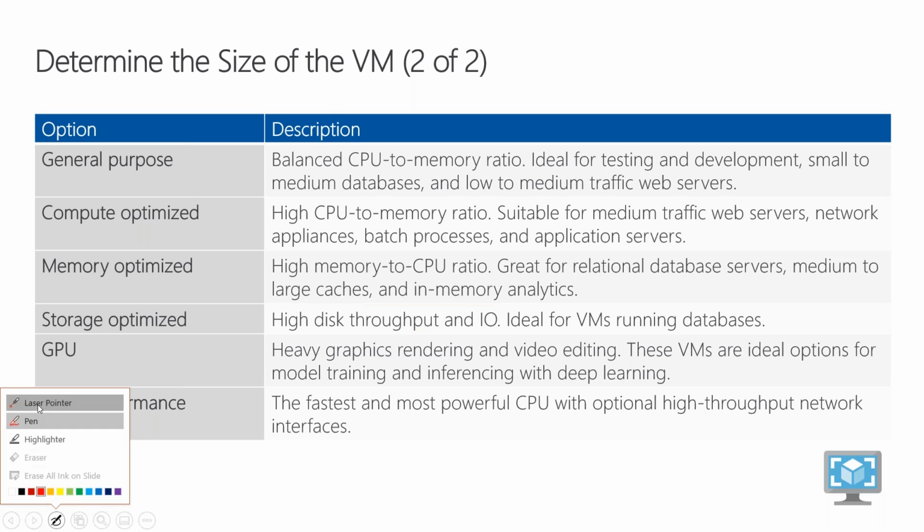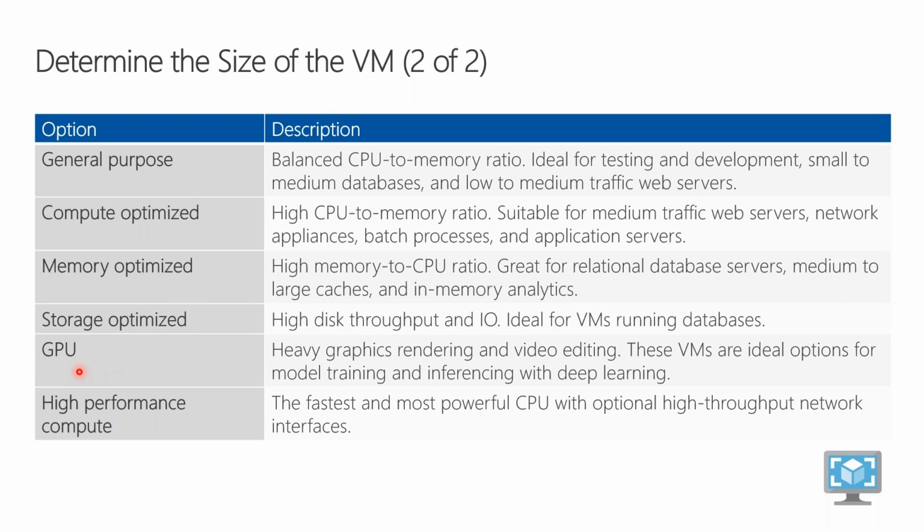When you have a cache-based implementation in your application, you go with memory optimized. You go to storage optimized if you want a high IO rate and you won't store anything in memory.